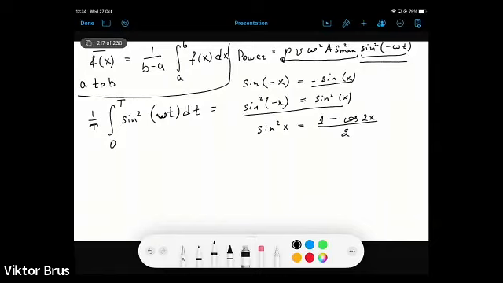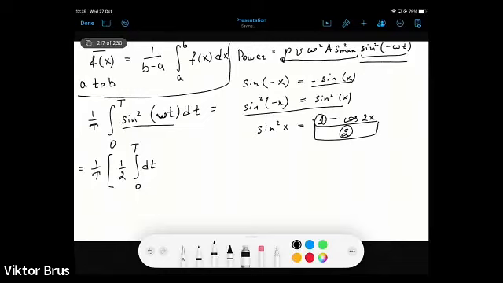So instead of sine square omega t, we will apply this transformation and get the following. That will be equal to 1 over period T, and 1/2, which comes from the 2 in the denominator of this transformation, times the integral from 0 to period T of dt. That is this unity.